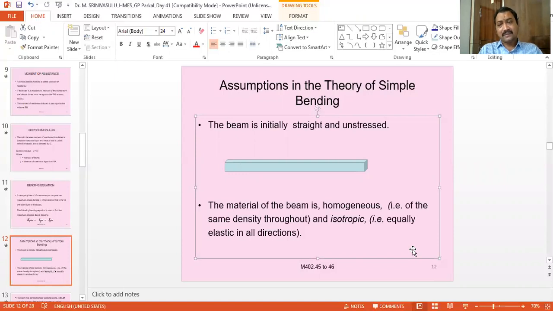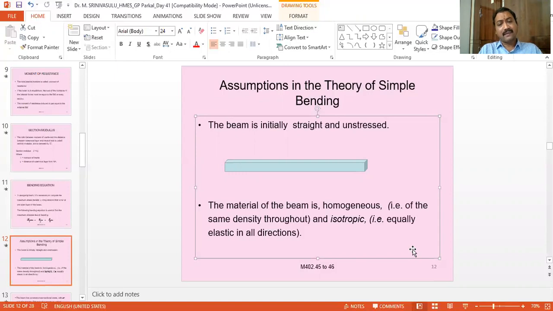So the innermost layers are subject to the compressive force, and the outermost layers are subject to the tensile force. So here the modulus of elasticity of the material should remain the same either in compression or in tension. That is called isotropic.